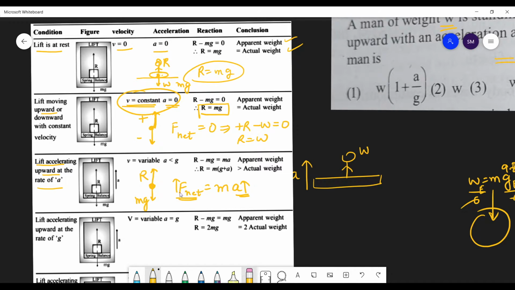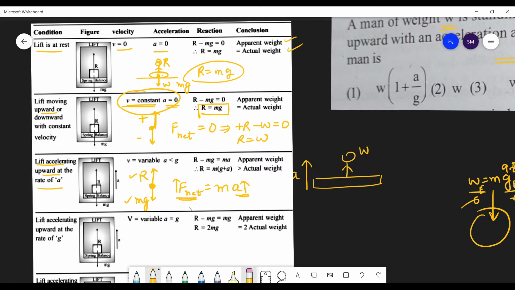So which one is greater? R. R is greater. Because the upward force is greater, that is why it is moving upward, as acceleration is in the upward direction.